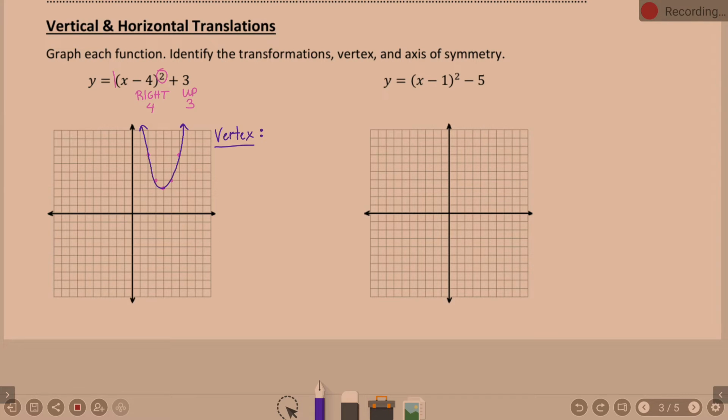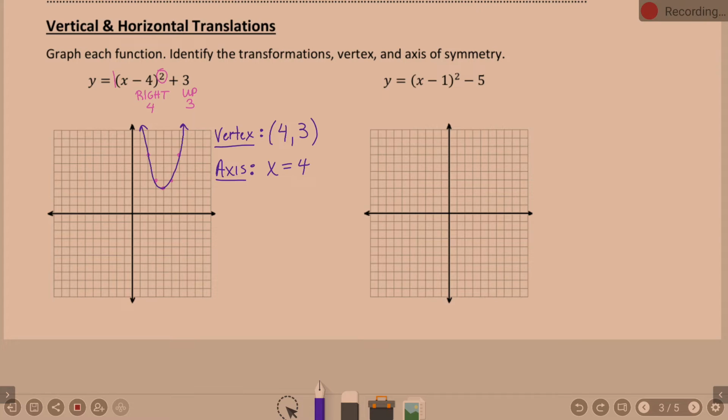Yeah, we went right 4, up 3, so that makes my vertex 4, 3. What about an axis of symmetry then? X equals 4. Okay, I heard lots of 4s. Don't forget, x equals 4.